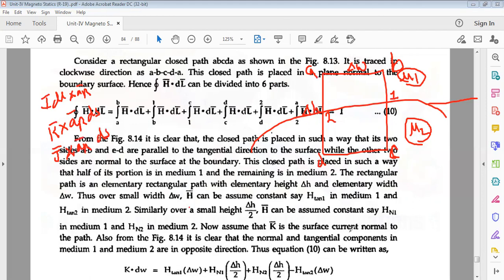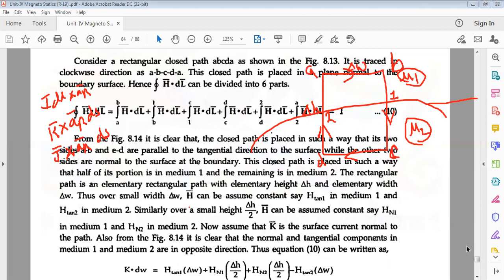So for the surface current, K bar is normal to the path. Also, it is clear that the normal and tangential components in medium 1 and medium 2 are in opposite directions. Definitely AB and CD are in opposite directions, and BC and DA are in opposite directions. Got it, my students?